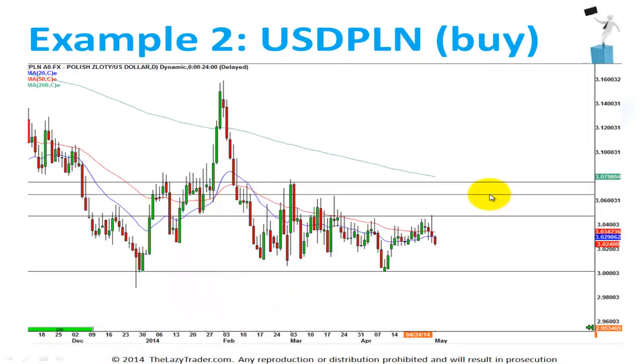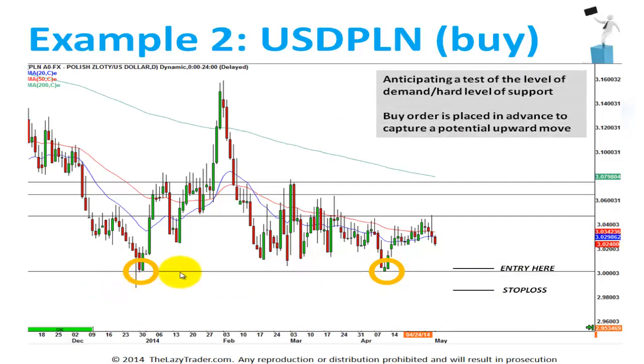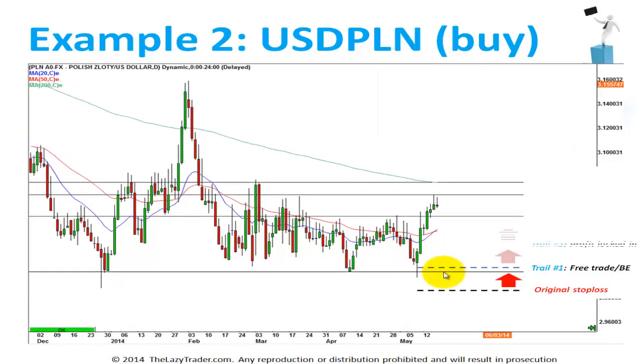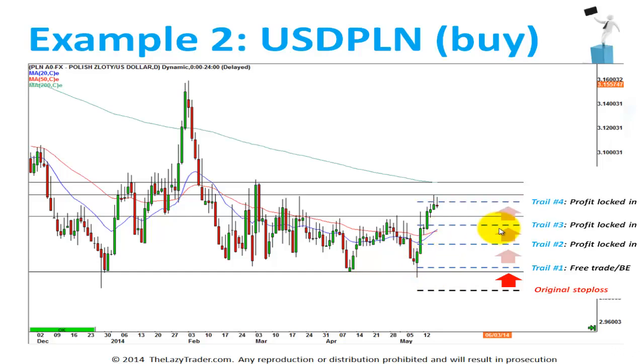Let's take a look at the US dollar versus the Polish zloty and how we manage this one, this recurring theme. Well, we had our entry above the level, stop loss below the point where it previously broke out, like we discussed before. So we anticipated price coming down to this horizontal level. We got filled in the trade. So as you can see, we're able to move our stop loss to break even after day 2, and then lock in profit strategically along the way.